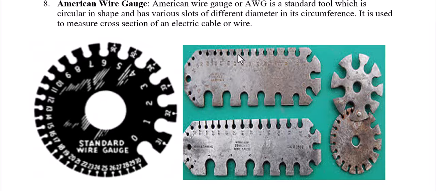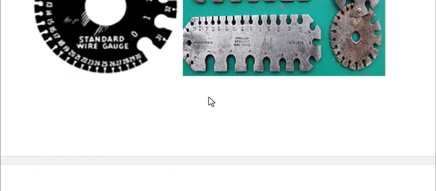The hole which best fits the wire is the one whose dimension or reading you read. So according to the thickness or diameter of your wire, you do trial and error, inserting it into different holes until you find the best match, as we did in the feeler gauge.